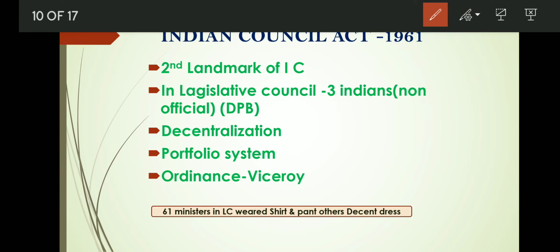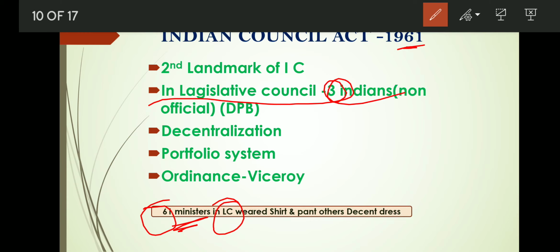So in this, 61 gives the Act of 1861. Legislative council with Indians, shirts and pants. So here is the DPB, no. So Dinakar Rao, you have to remember shirt.